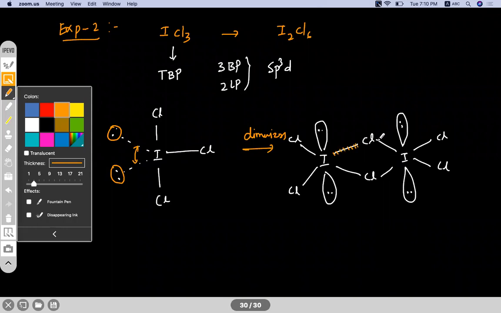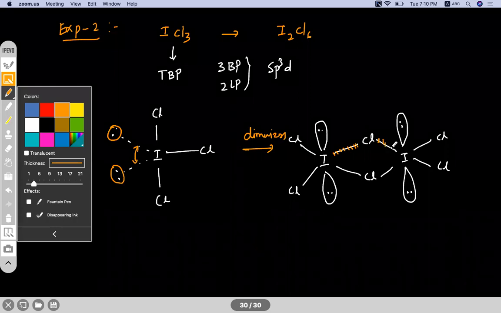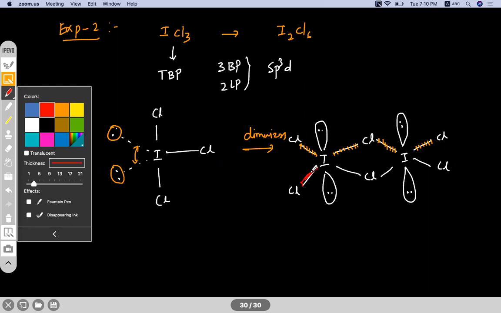All these dotted lines go into the plane, and these chlorine atoms are coming out of the plane. Right, this is the structure we have.